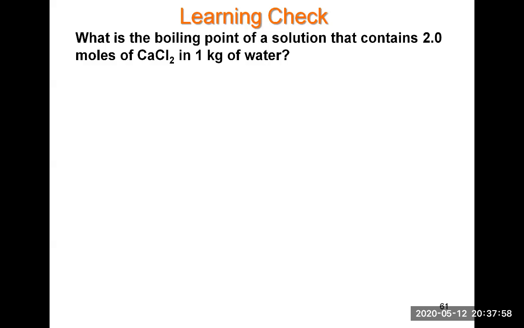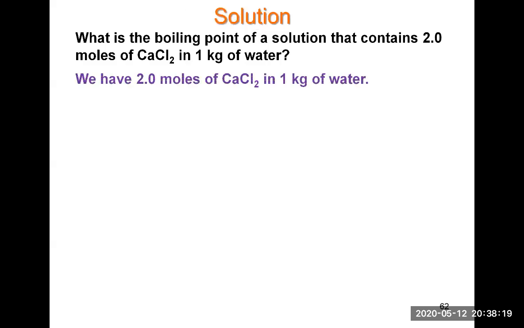So we have to find out what ions CaCl2 dissociates into, and especially how many ions it dissociates into, because this property of boiling point elevation depends on the number of particles, not the type.